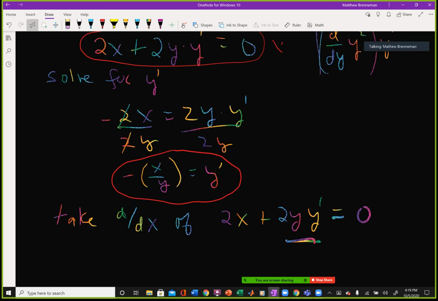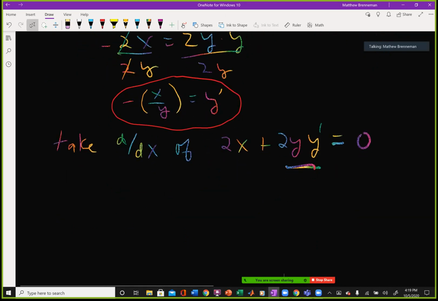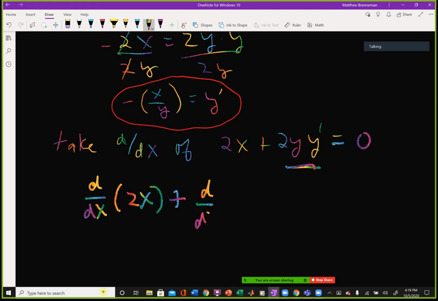So if we go ahead and do that, I have d dx of 2x plus d dx of 2y times y prime is equal to 0.